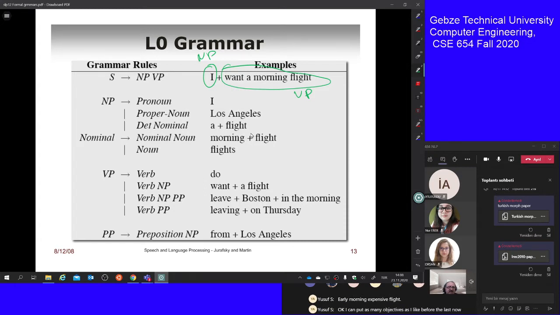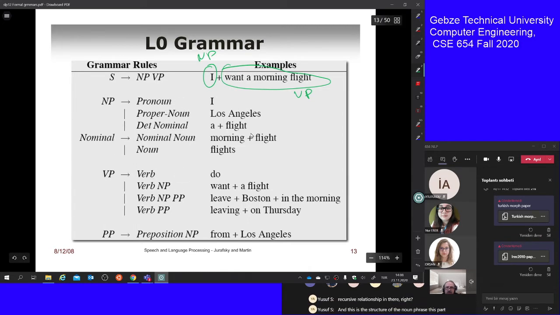Early morning, expensive, comfortable, late flight, for example. You could put as many nominals as you like, because there is this recursive relationship there, right? And this is the structure of the noun phrase, this part.